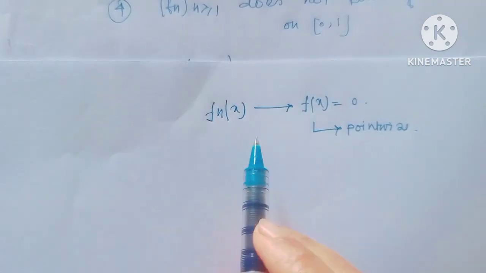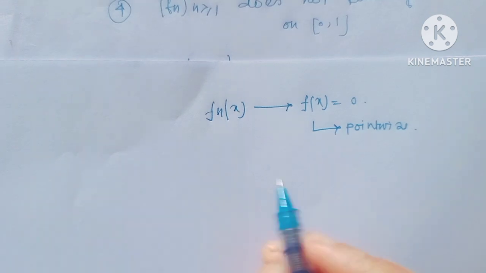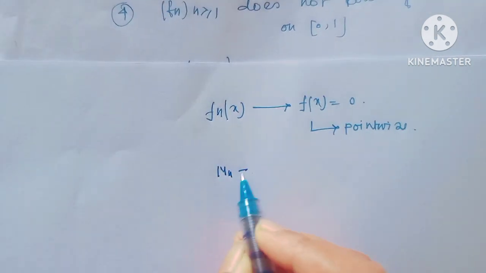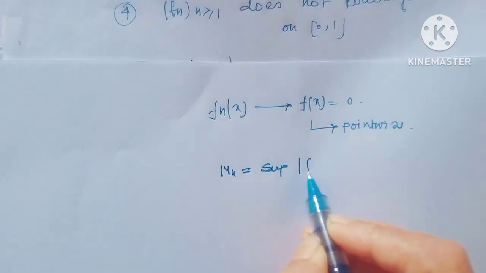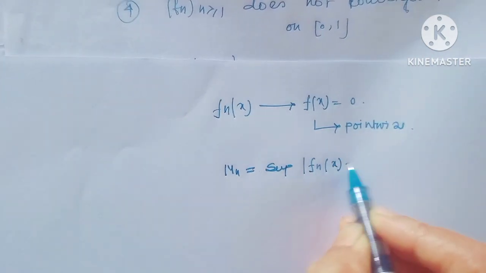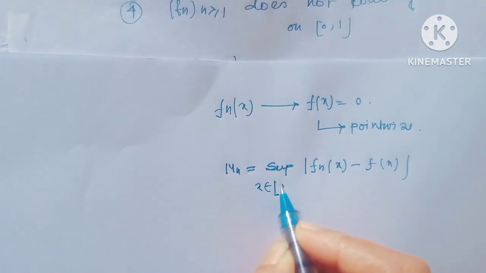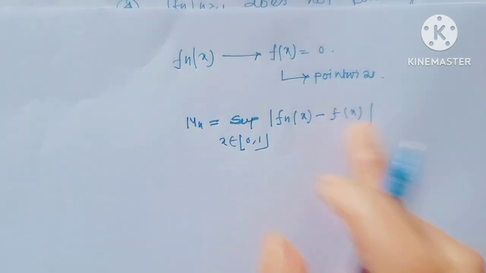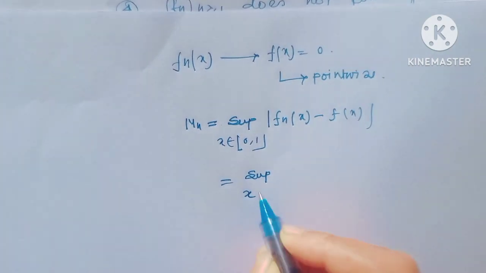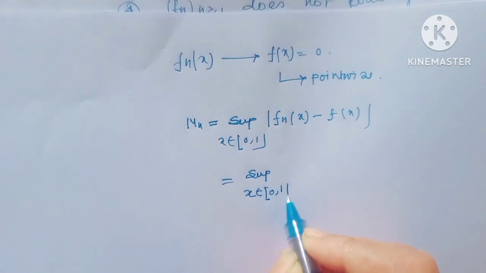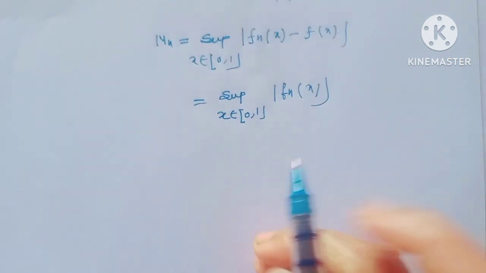Now we have to check whether this convergence is uniform. For this, I will use the Mn test. Mn equals the supremum of |fn(x) minus f(x)| when x belongs to the closed interval 0, 1. Since f(x) equals 0, this value is the supremum of fn(x).